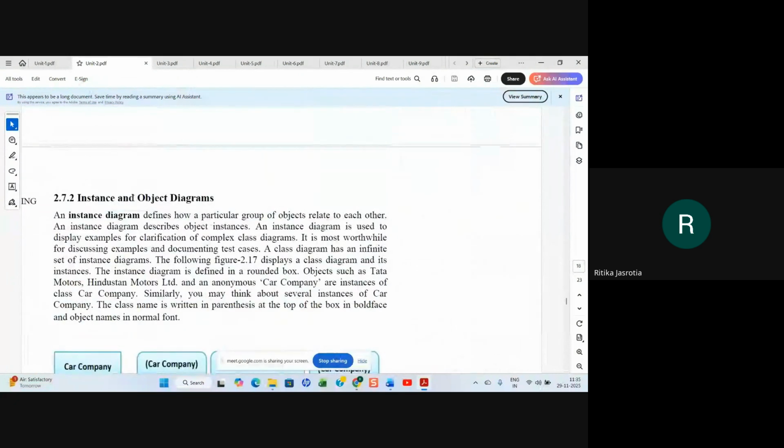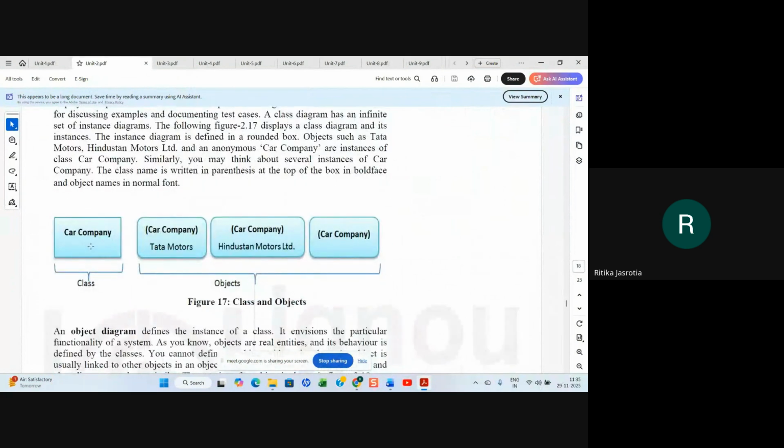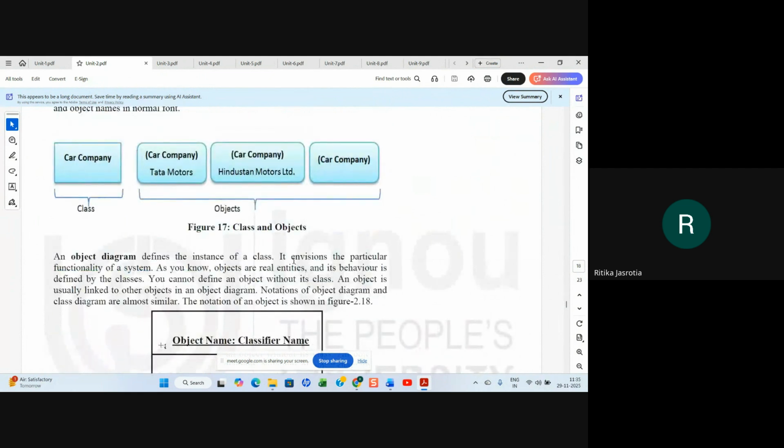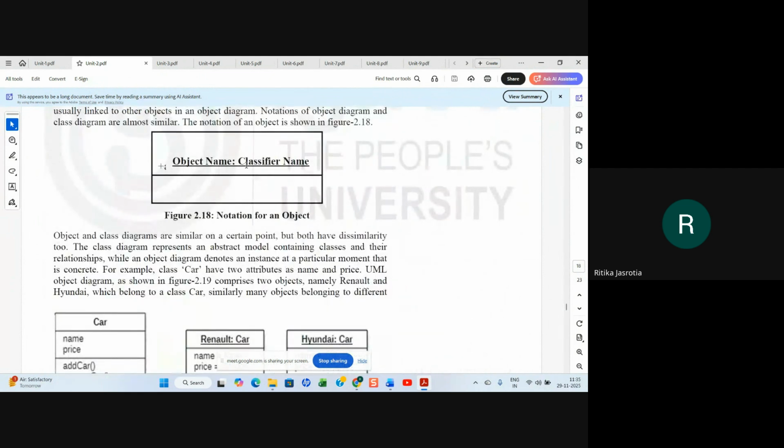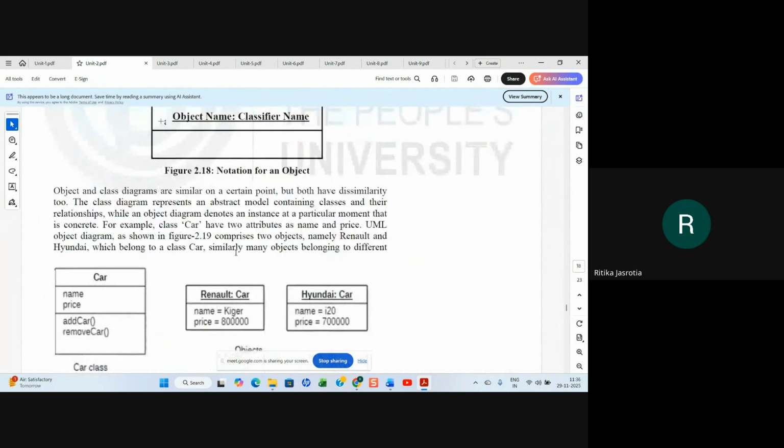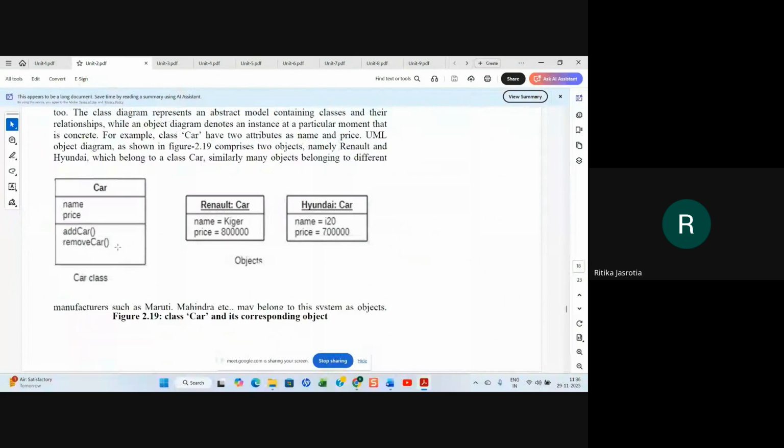Like here, they have given instance and object diagram. So a car company is there. So you have Tata Motors, Hindustan Motors. These are the objects. So you will give the object name colon classifier name, that is the class name. Like here, a car class is there. So you are saying Renault colon car, name is equal to Kiger, price is equal to 8 lakh, like that. Hyundai colon car, whatever.